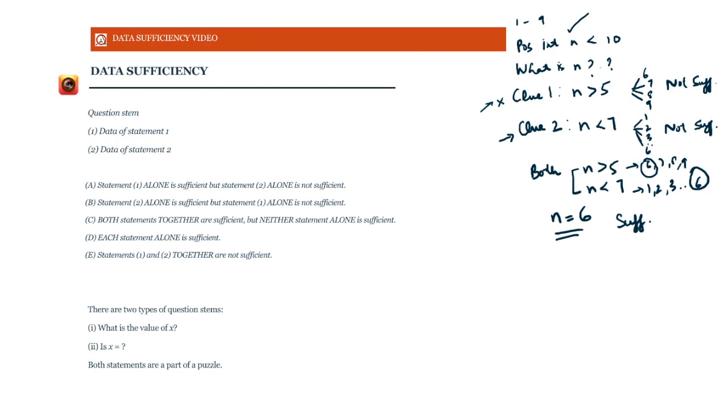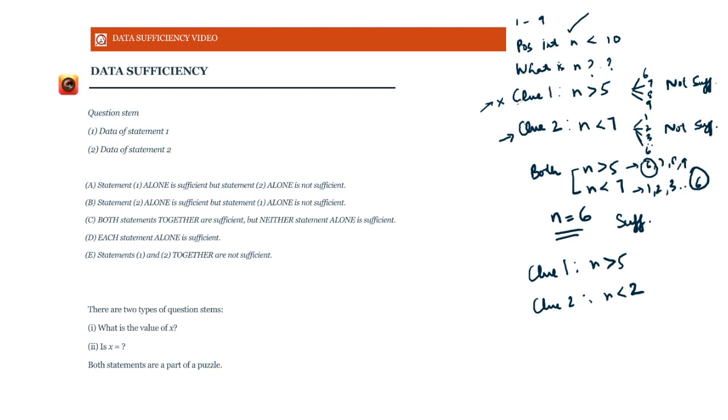So one thing I can say for sure is that the 2 clues cannot give me contradictory information, right? So for example, is it possible that my clue 1 says that n is greater than 5 and my clue 2 says that n is less than 2? Is this possible? Look, there is only one value of n that I have in mind. I have told you that I'm thinking of a number n, a positive integer n, right?